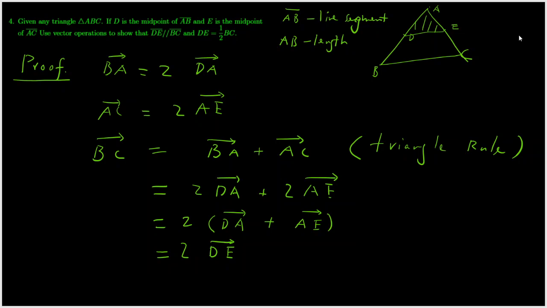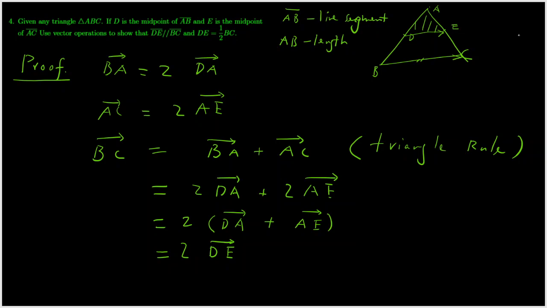Okay, now look at two sides of the equation. BC is equal to 2DE. So this time, that is the vector BC. That is the vector DE. Now we are saying BC is equal to 2DE. So does this imply the two vectors are parallel?